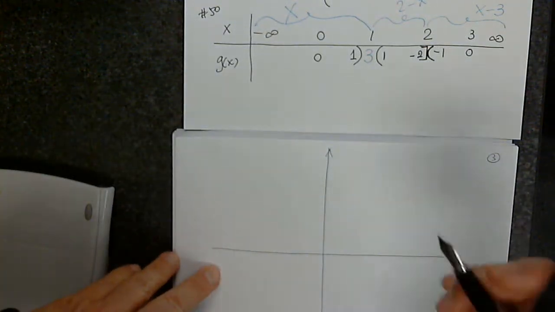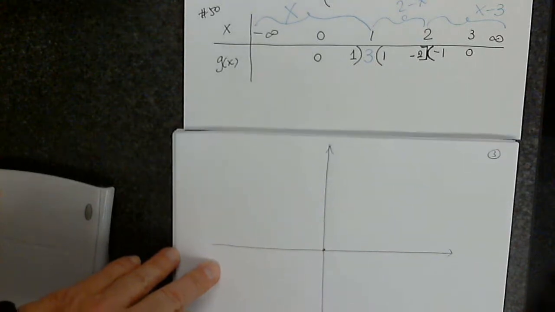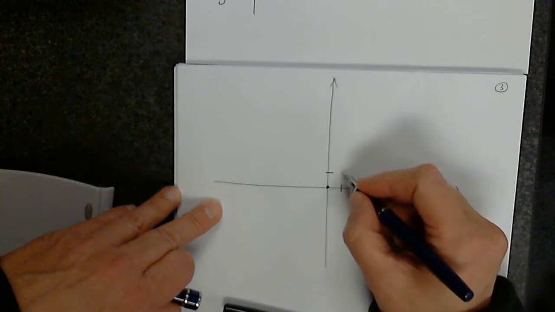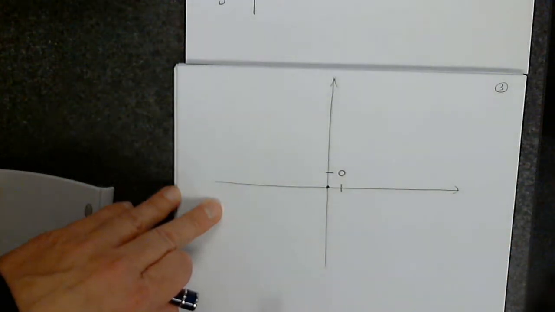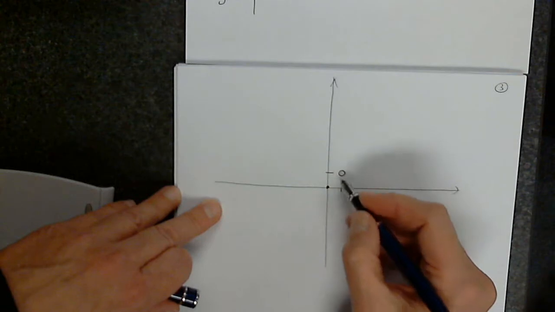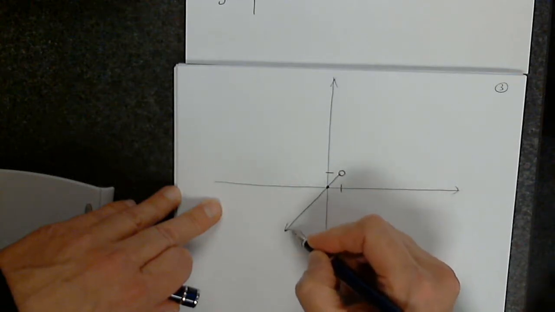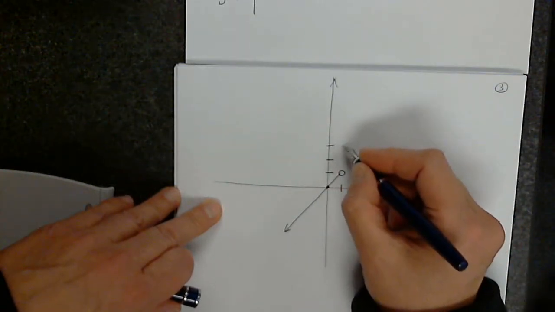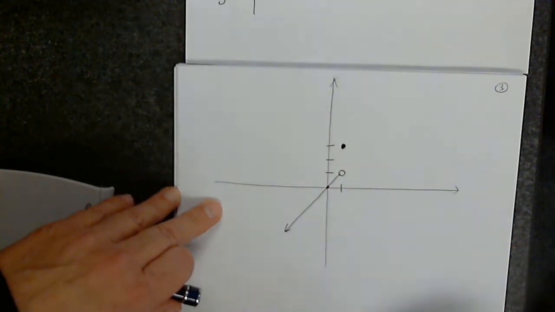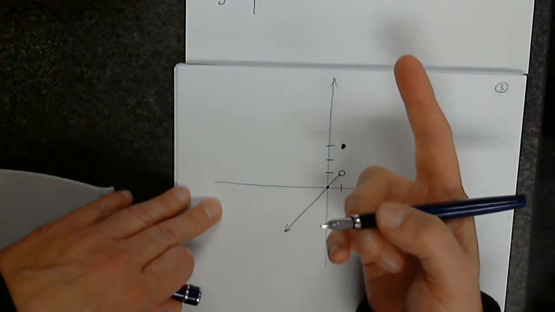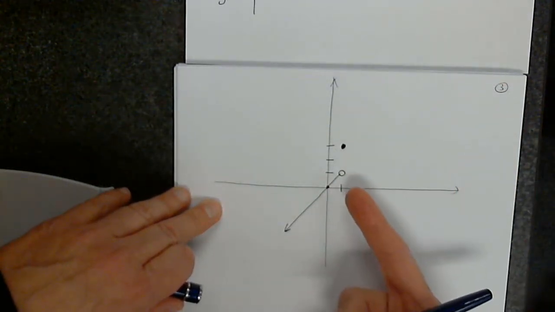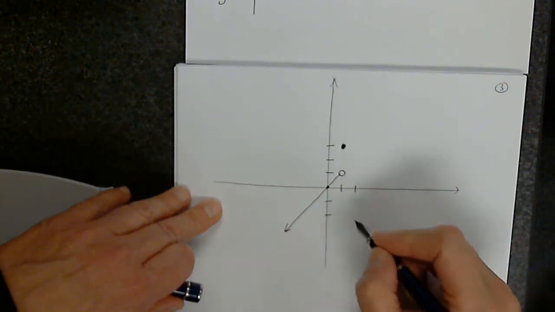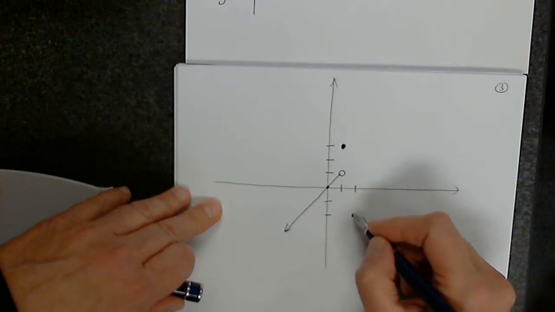Okay, thank you. So 0, 0. 1, 1, which has to be an open point. And I am finished with the left-hand side, which is the x. 1, 3. I fill it in at 1, 3. And in the middle, 1, 1, 2, -2, full point.